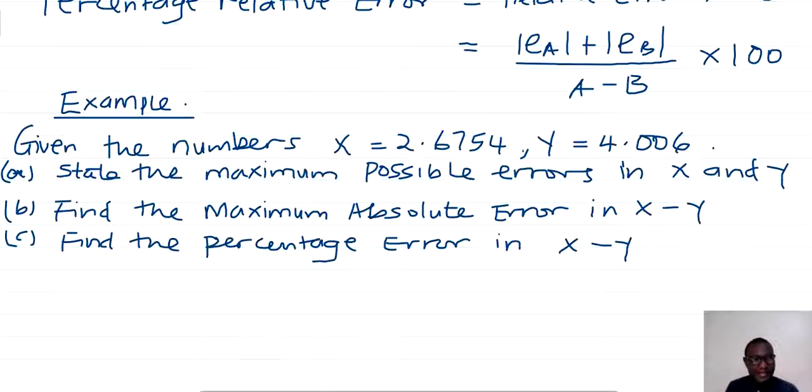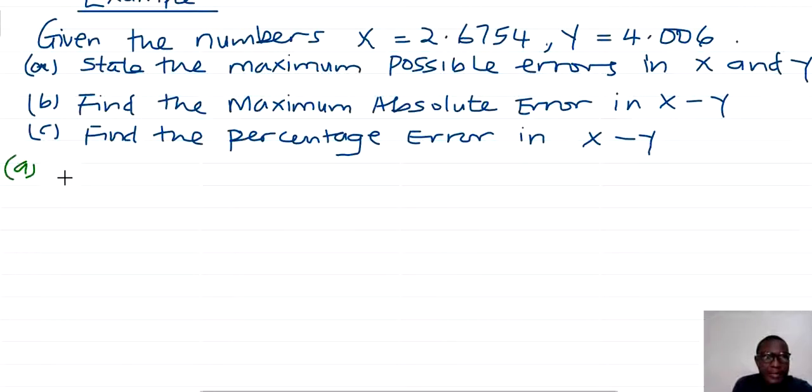Let's get started. Part A, they need us to find the maximum possible error in x. The error in x is equal to a half times 10 to the power negative the number of decimal places. So we have here 4 decimal places, so this is negative 4, and this here is 0.00005.